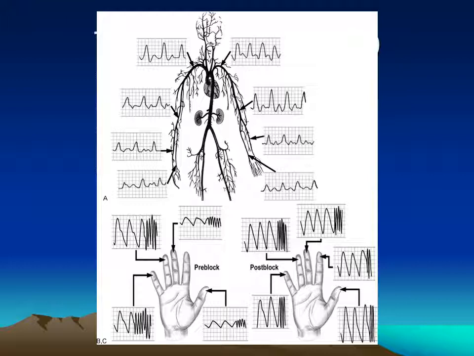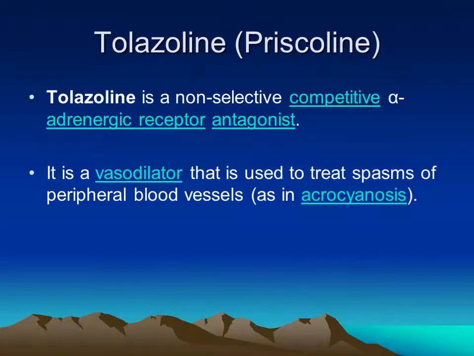Priscoline also has been used successfully as an antidote to reverse severe peripheral vasoconstriction. Priscoline is a non-selective competitive alpha-adrenergic receptor antagonist.